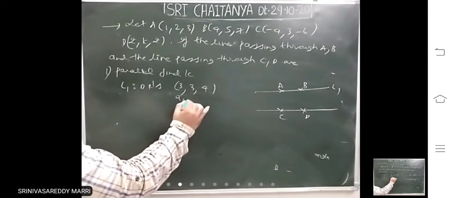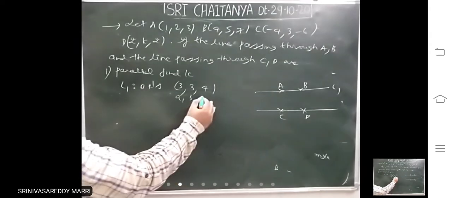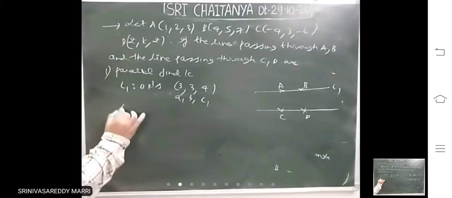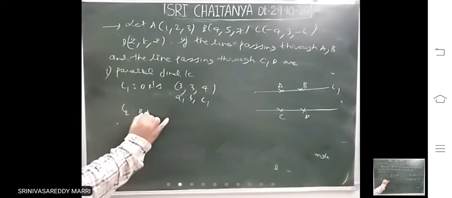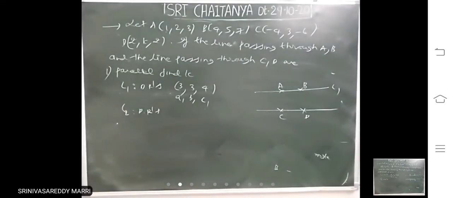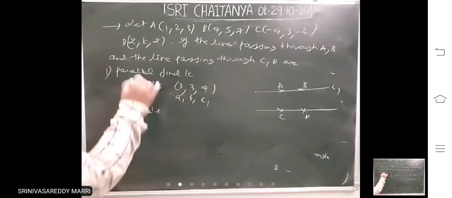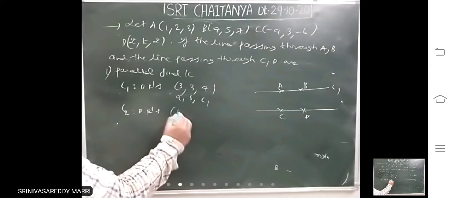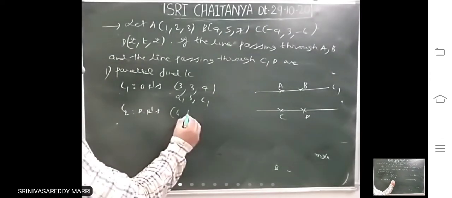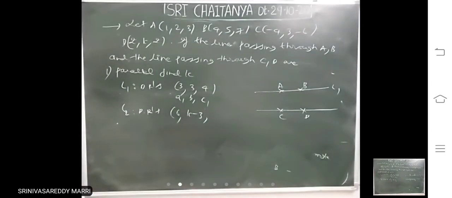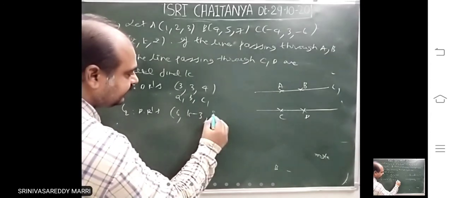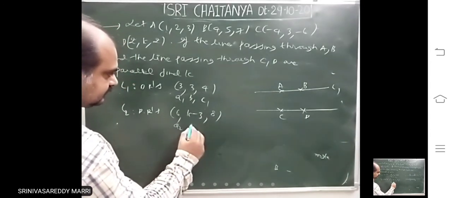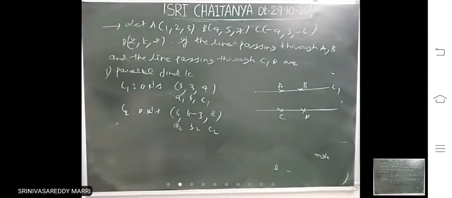So this is A1, B1, C1. L2 DRs, always DRs, passing through C and D: 2 minus of minus 4, 6, comma K minus 3, comma 2 plus 6, 8.